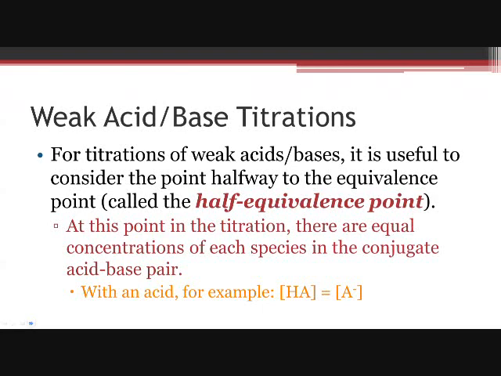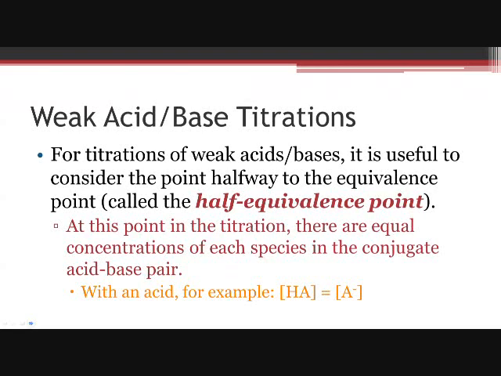So what I mean is, with a weak acid, which is what we normally do, at the half equivalence point, the amount of acid that remains is equal to the amount of the conjugate base after it has been broken apart.